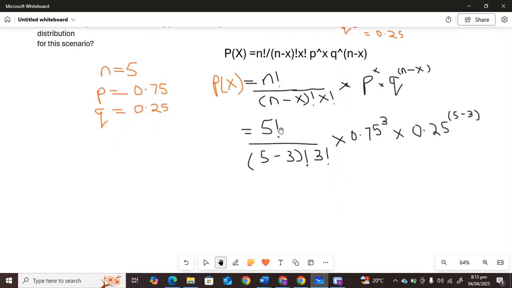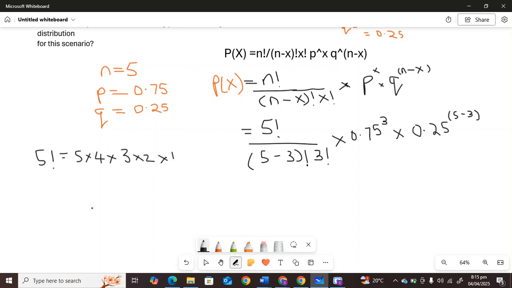Okay, so remember with factorials, for example, 5 factorial is the same as saying 5 times 4 times 3 times 2 times 1.